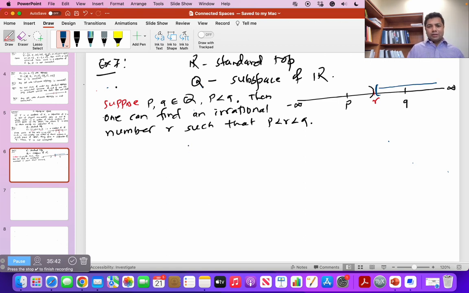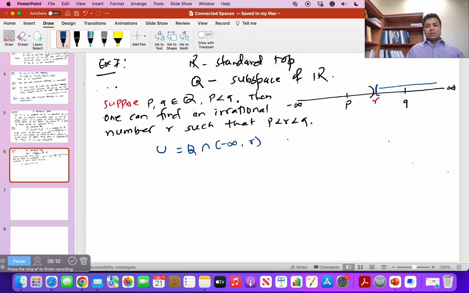For that, let me take the intersection of Q with this first open interval in R. In the subspace topology, if you take the intersection of Q with an open set in the standard topology, then this intersection is always open.